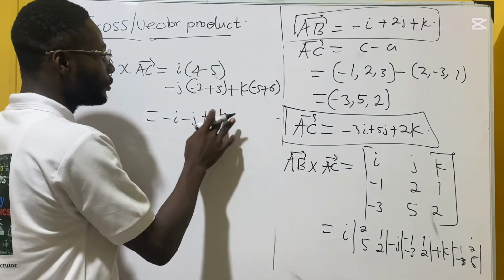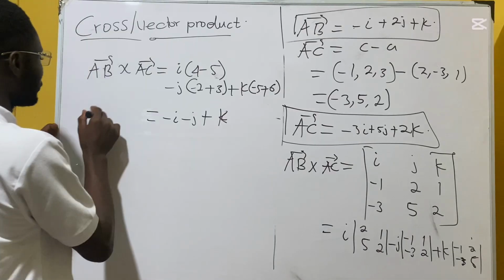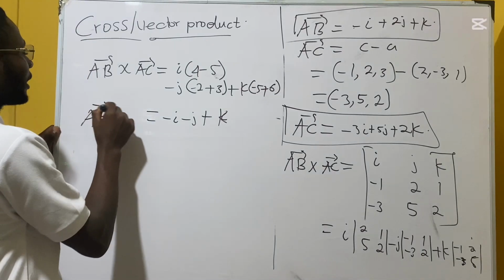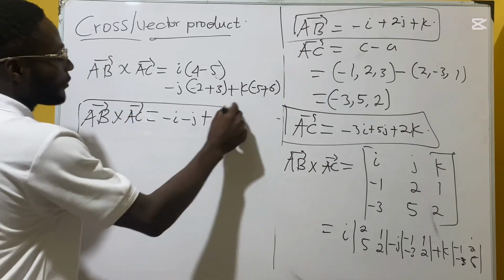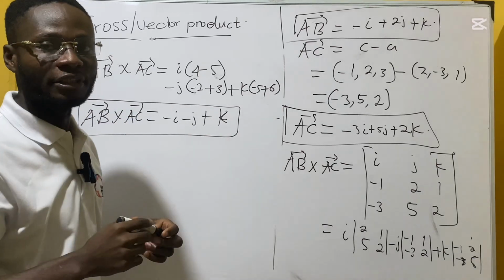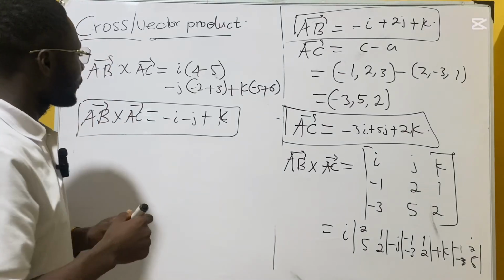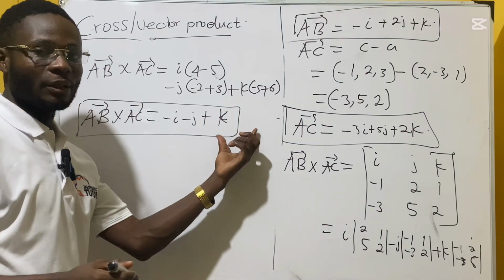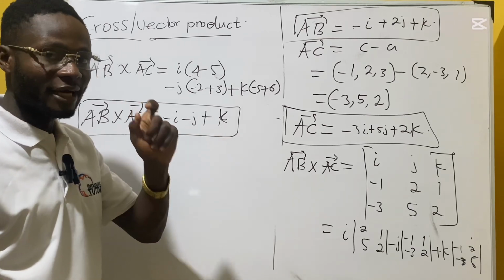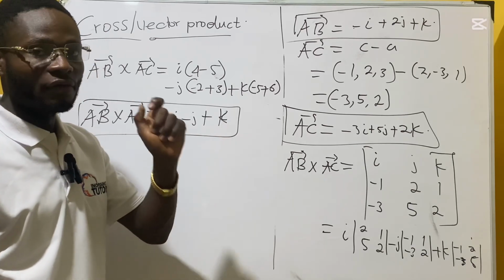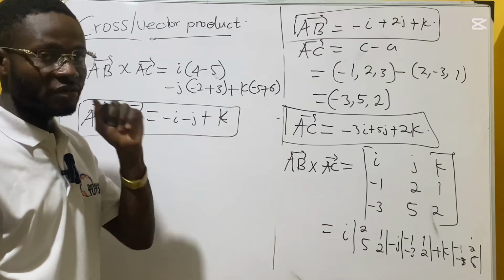So that is going to be plus k. And that is what we have here. So we have position vector AB cross position vector AC to be negative i, negative j plus k. Okay. Now we have to find the magnitude of this. Then when we are done, we find the half of the result, and that becomes the area of the triangle.